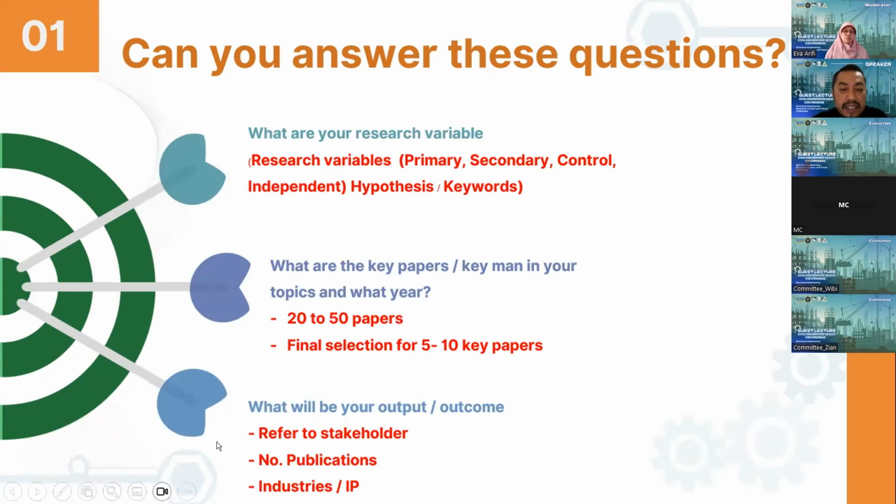Okay? So for this, you need to refer to stakeholders, for example, end users, engineers, academics, and also the number of applications that can be the output, but not the outcome. Okay, I published this in Scopus-indexed papers, 2 papers, okay, the output.